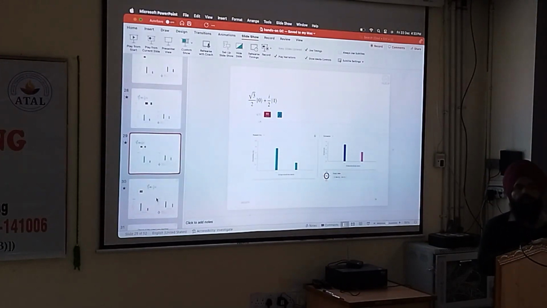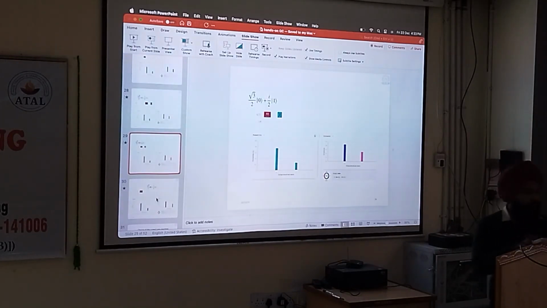This is for iota. Iota is used in some gates. You know that? Iota in which gate? Phase gate.